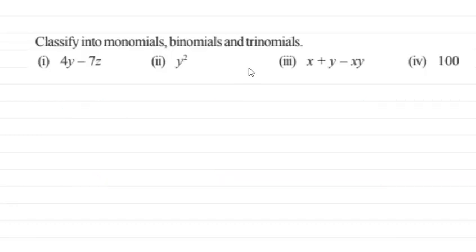Here you have to classify the terms into monomials, binomials and trinomials. So as in the introduction I've told, monomials are having one term.